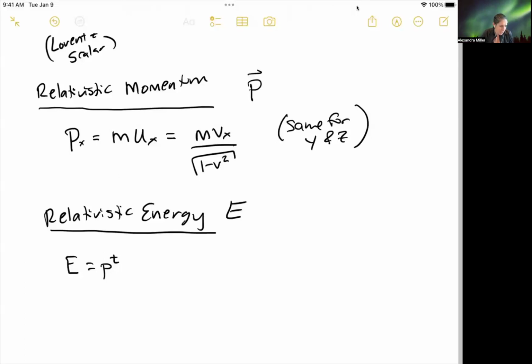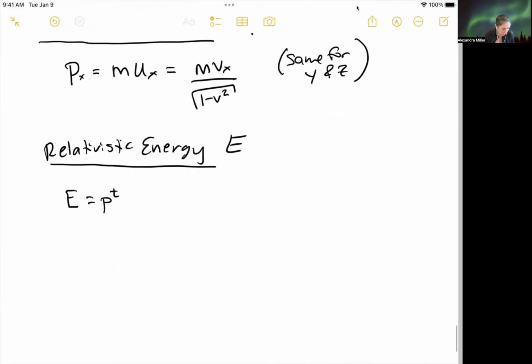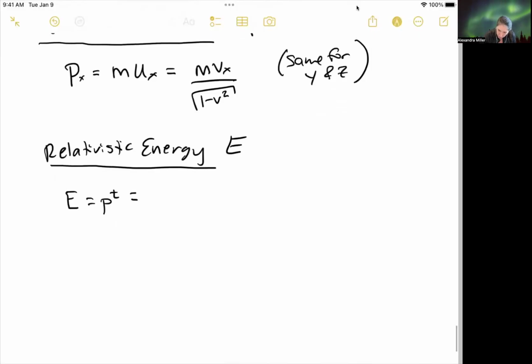What does this suddenly have to do with energy? Well, it might be a little bit clearer if you recall that our time component of the four momentum is just the mass times the time component of our four velocity, which is the mass divided by the square root of 1 minus v squared. Again, why is this an energy? This isn't very enlightening.